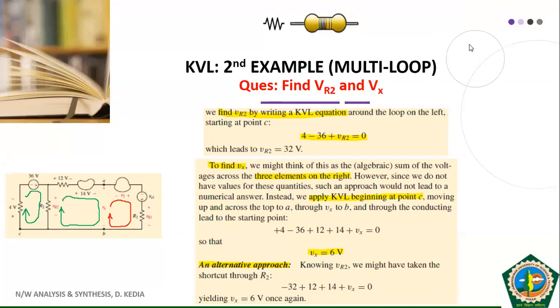Neha, roll number 33, unmute yourself. Neha, how will we find out Vx? Sir, we will apply KVL here in this loop. KVL you will apply. Then in which loop will you apply KVL to find Vx?